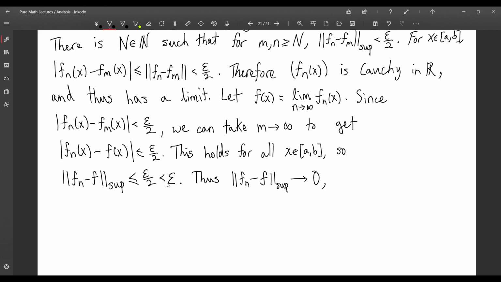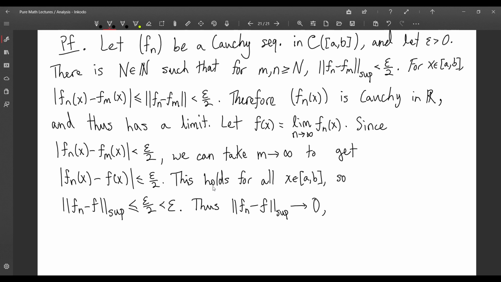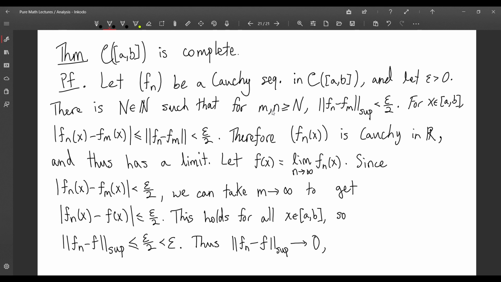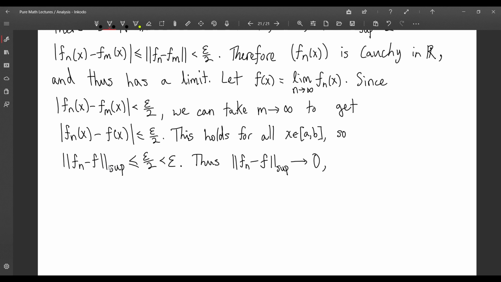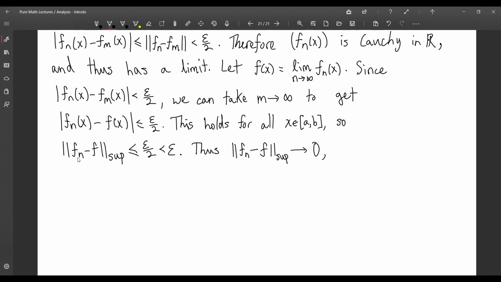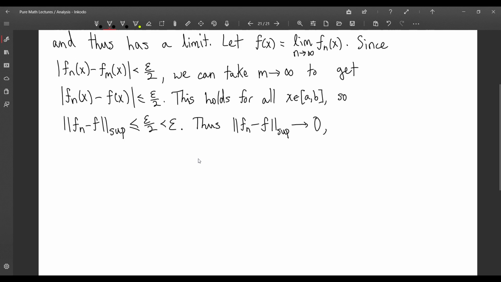By definition, right? We have shown that for some epsilon greater than 0, there's a big N such that for all little n bigger than that big N, this value is less than epsilon.